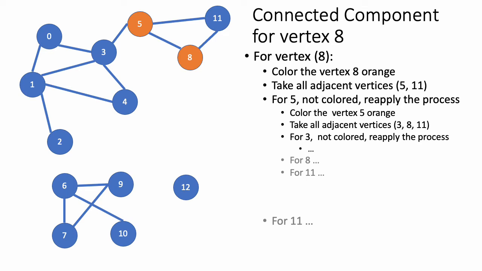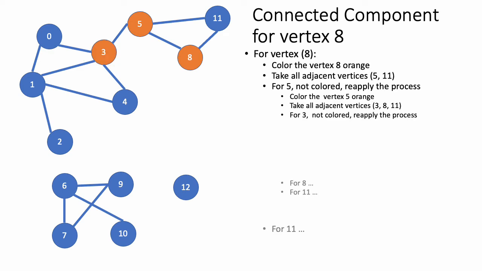So the next one will be this one, and I will need to color it in orange. So now for 3, what we do, we color the vertex 3 in orange. We take all the adjacent vertices of 3, which will be 0, 1, 4, and 5. And let's start with 0.